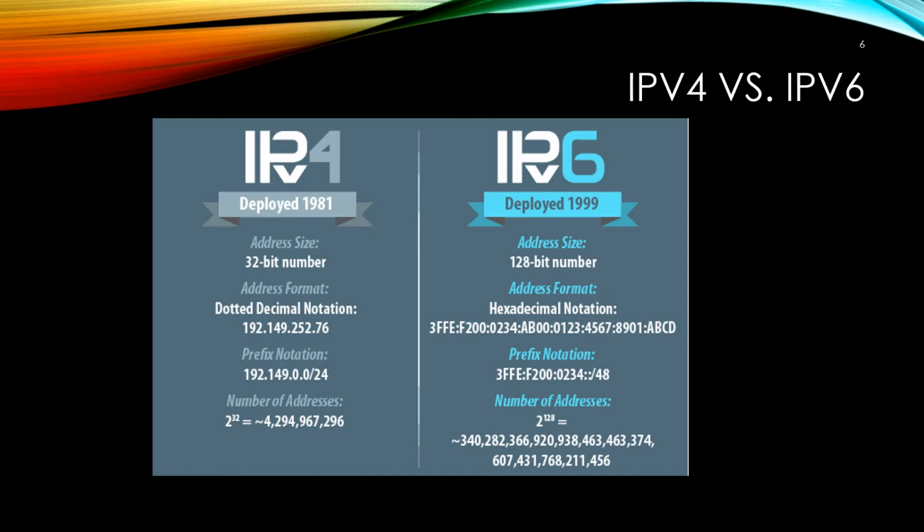Also, network layer security is built in. It has stateless address auto configuration for easier network administration. And it also has an improved header structure with less processing overhead. IPv6 was deployed in 1999.